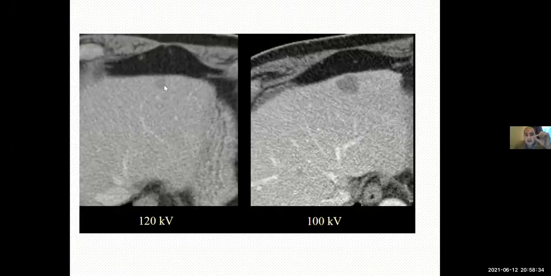You can see the difference here, that this lesion has less contrast than on using 100 kV. So 100 kV enhances the contrast resolution. Contrast resolution means that you get the difference between two objects that have a little difference in attenuation characteristics. Okay.